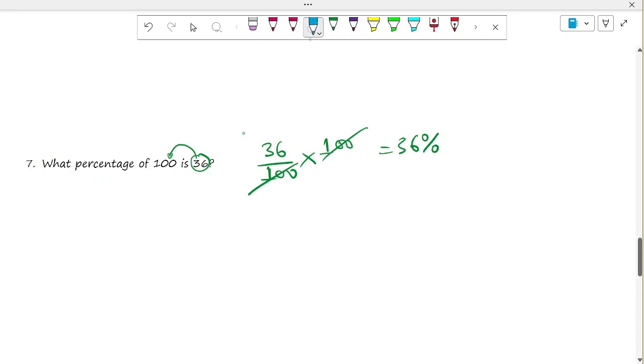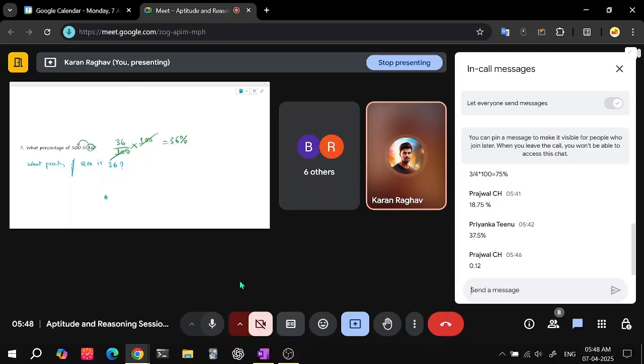Fine. I'll give you a similar question. What percentage of 200 is 36? Can you find the answer for this one? You need to identify 36 is what percent of 200.